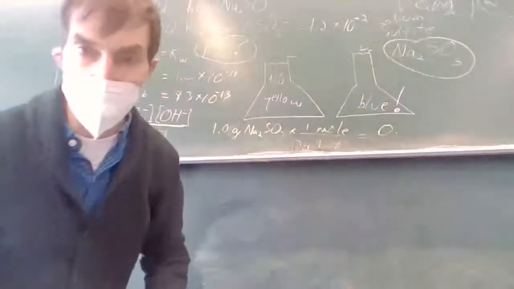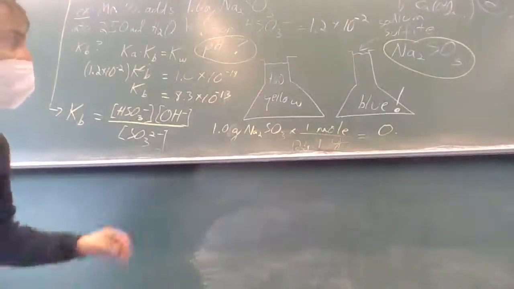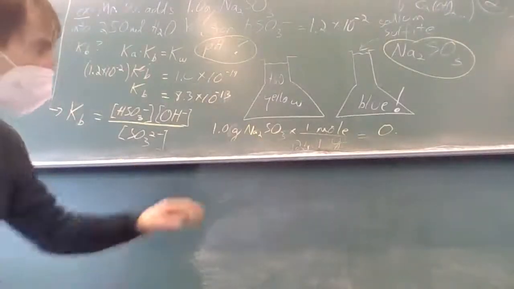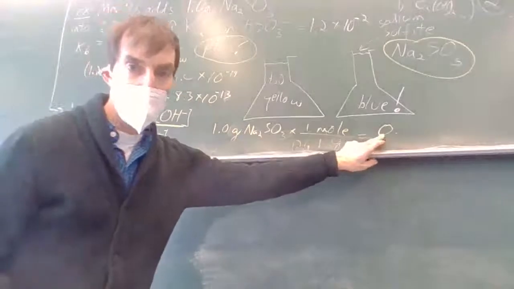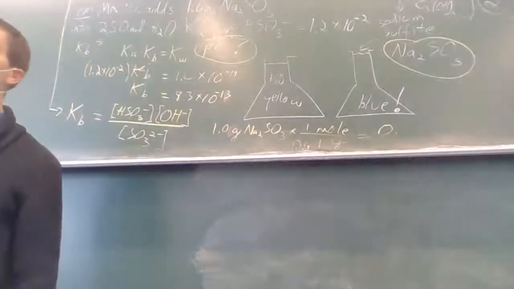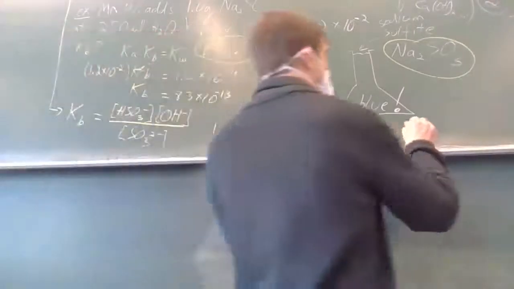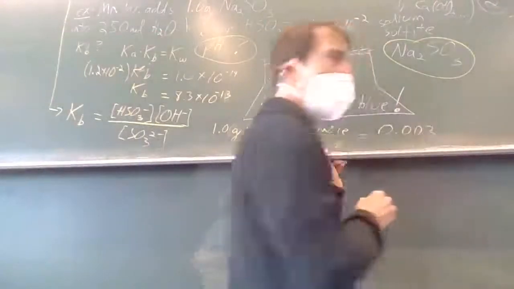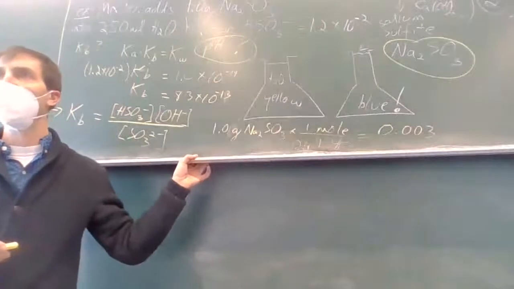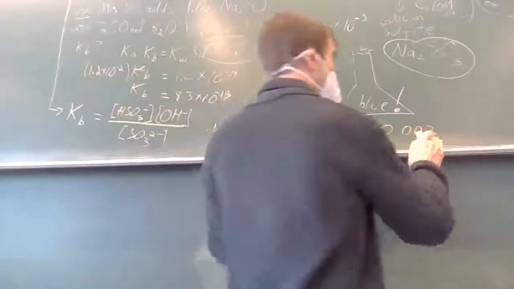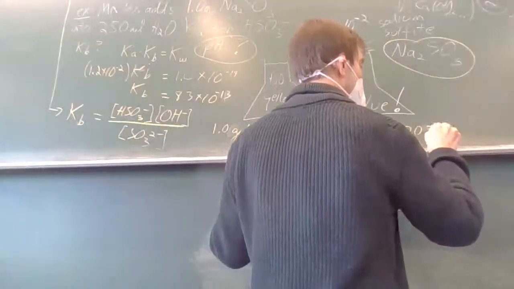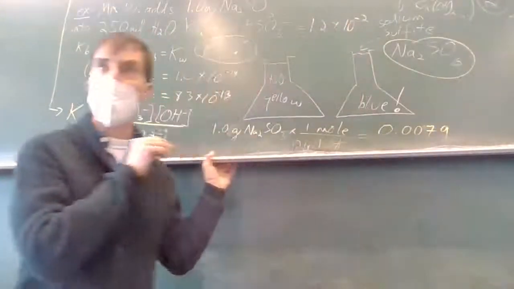Let's see if folks at home can still see that. Yeah, that's still there. Okay, and Sophie, what'd you get? I need one more sig fig though. No, you're 7.9. Does that look right?